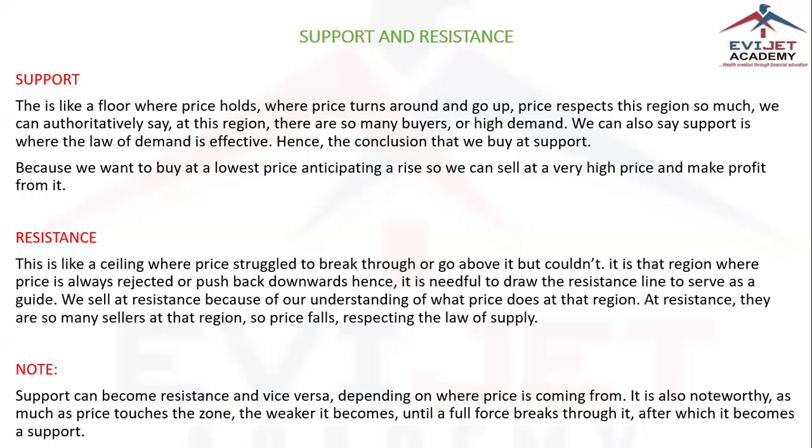When the supply is high, what happens? The price drops. So at resistance, there are so many sellers at that region, so price falls, respecting the law of supply. Note, support can become resistance and vice versa, depending on where price is coming from.